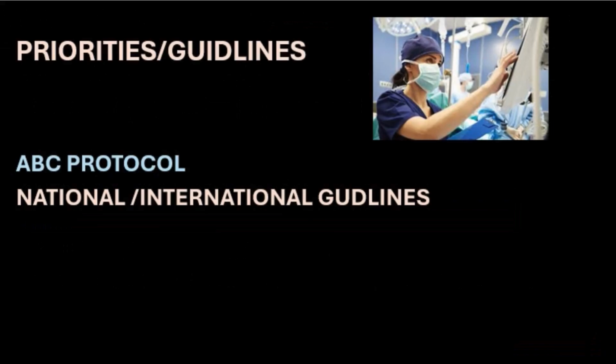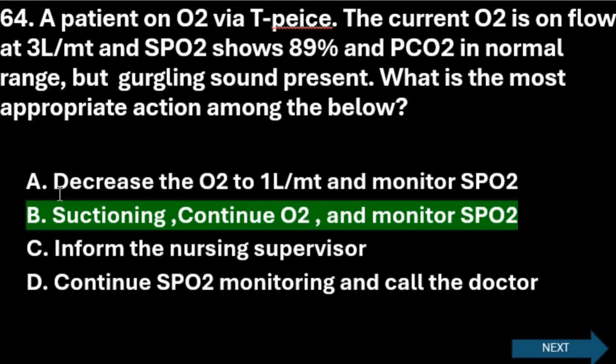Here it is, I told you, ABC protocols. Here the airway is compromised because of the secretions. Most probably that may be the reason for obstructing the airway and desaturating. So try to clear the airway by suction.